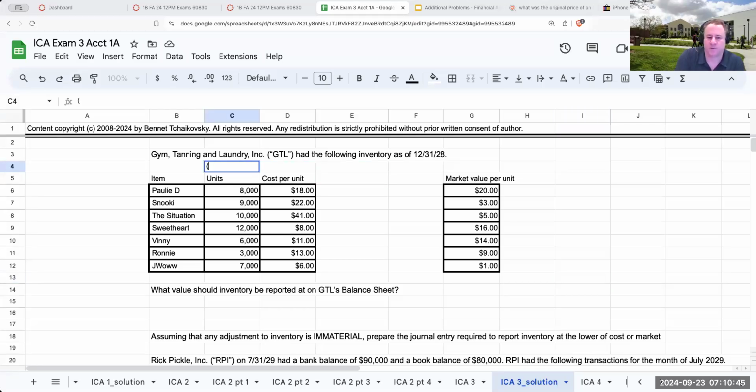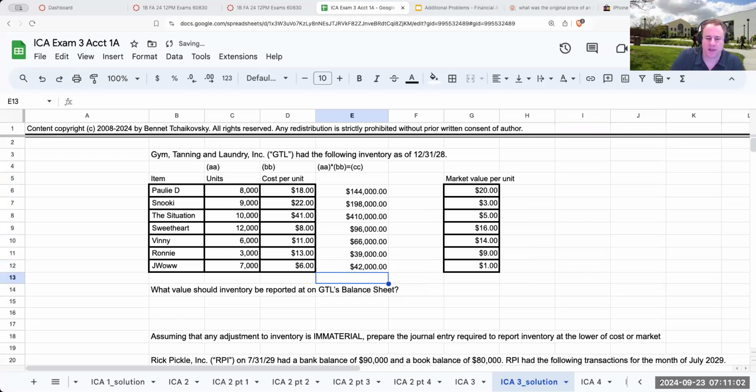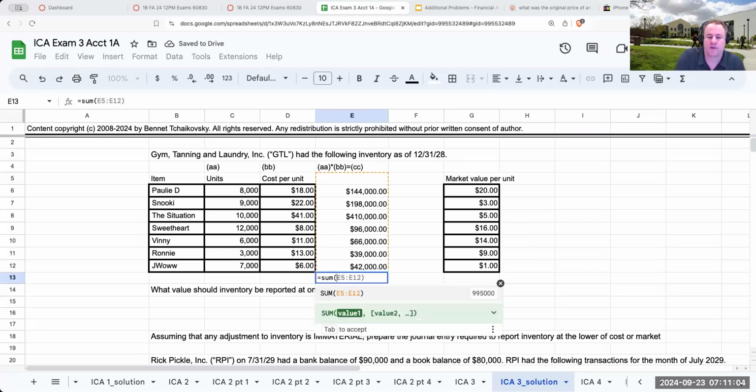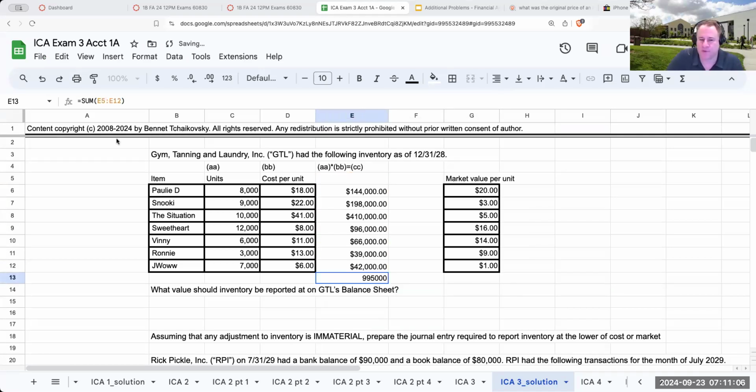The value of this presently is, well, I have 8,000 units at 18 per unit, and if I continue on down here, the value of my inventory is almost $1 million.